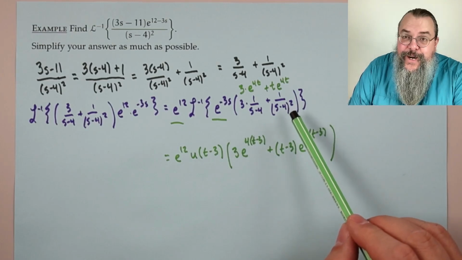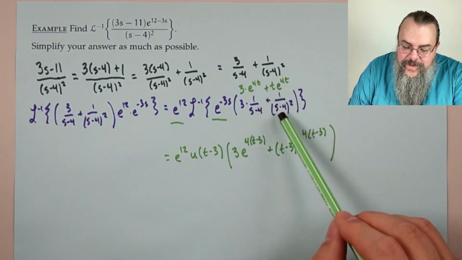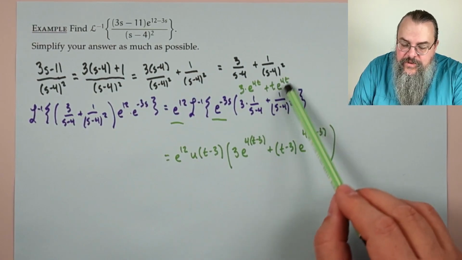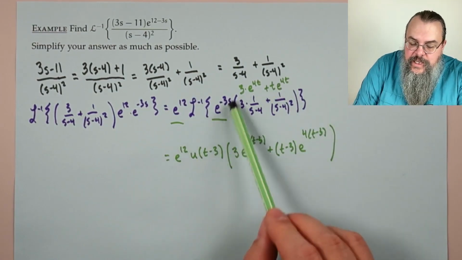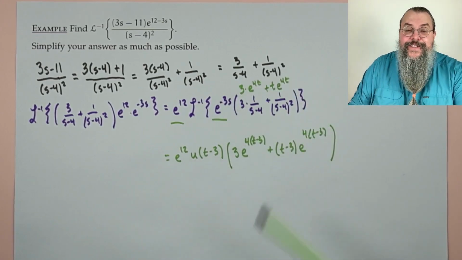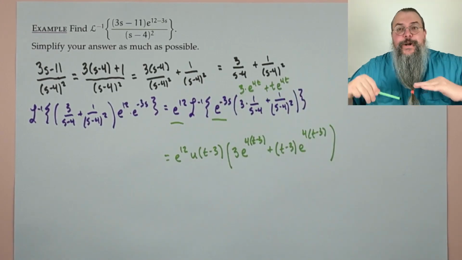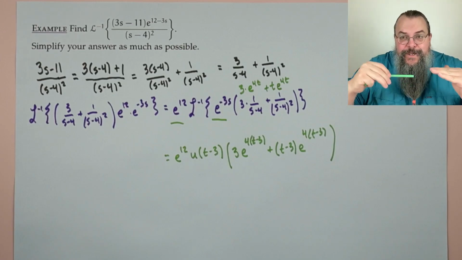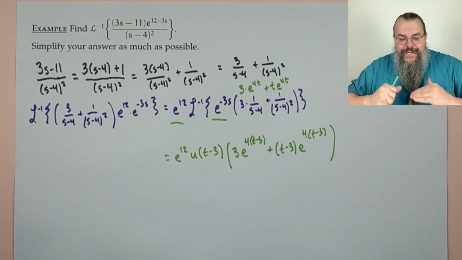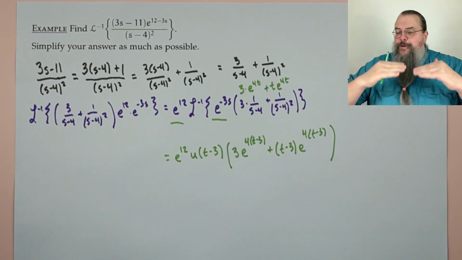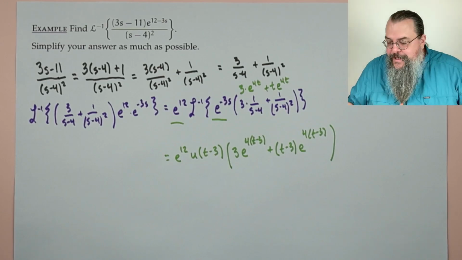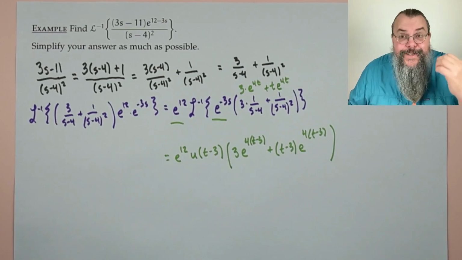You have to keep track of your rules: this s minus 4 introduces the e to the 4t, and this e to the minus 3s says all of these t's become t minus 3. So be careful here. Work through your layers. These problems are onion problems. You've got layers. Just take your time, one layer at a time, and like onions, tears may be involved. Hopefully, tears of joy.